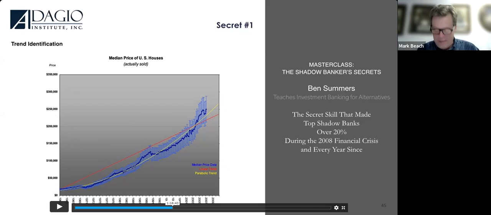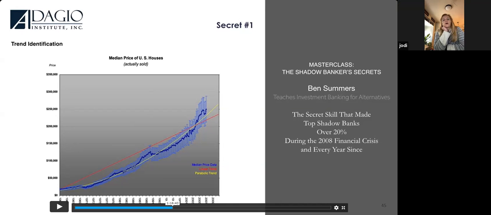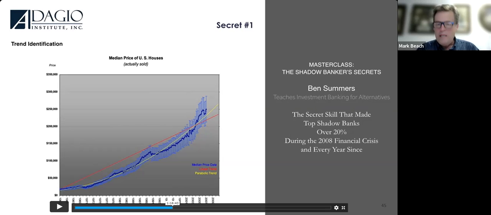So we're going to talk about that in just a second, but he's pointing out that that linear line was based on market rents as opposed to the actual median prices of the homes themselves. And so that's how he determined his max loan to value, the max loan that he would provide.